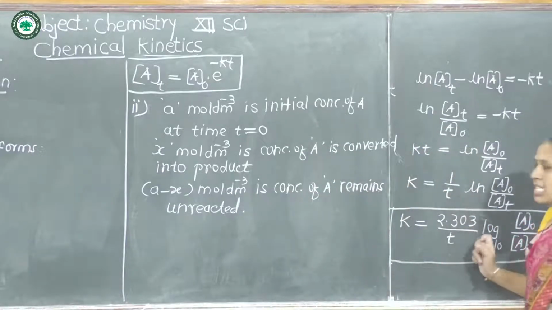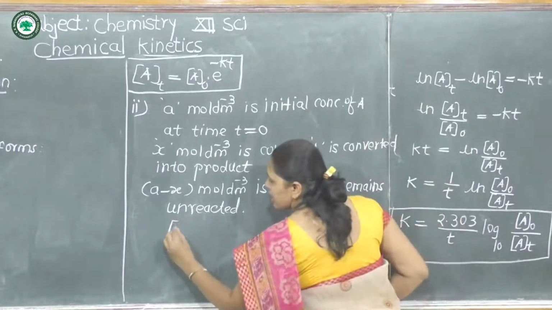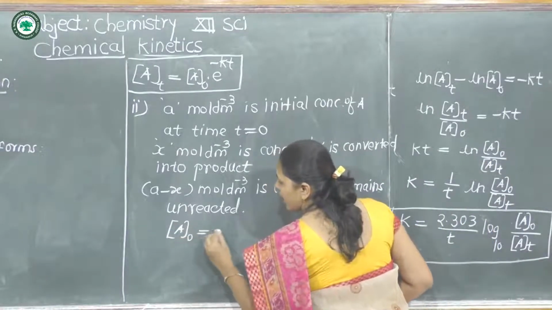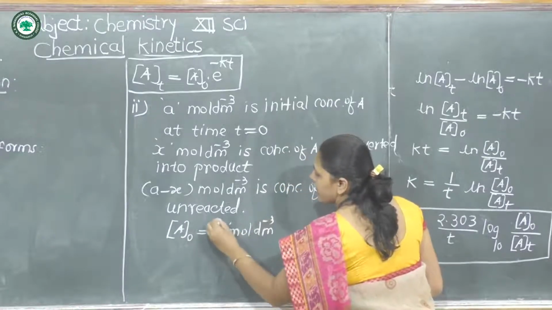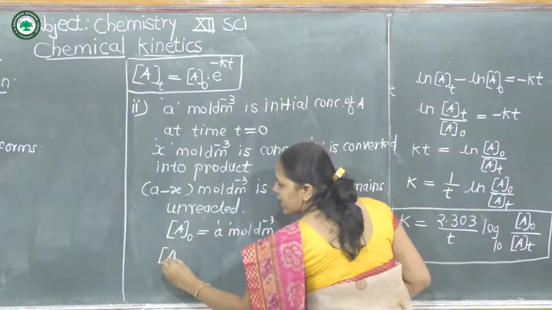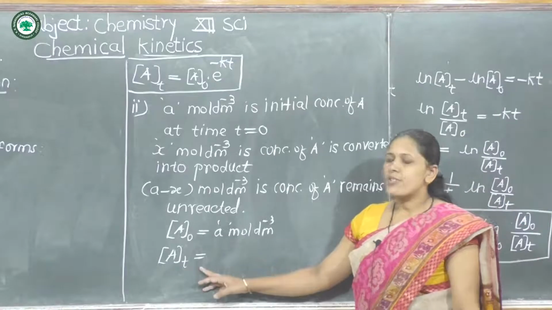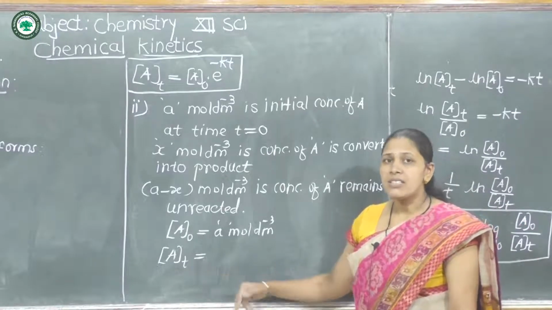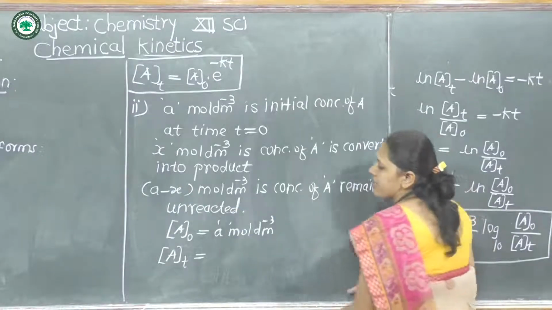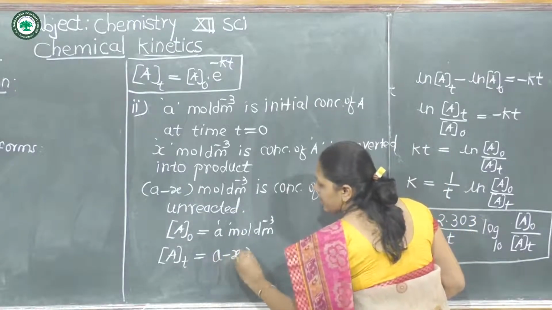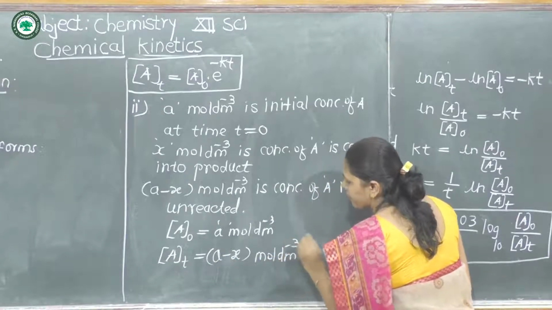That means in this equation A0 is equal to a mole per decimeter cube, and At is the concentration of reactant remaining unreacted at time t, which is equal to a minus x mole per decimeter cube.